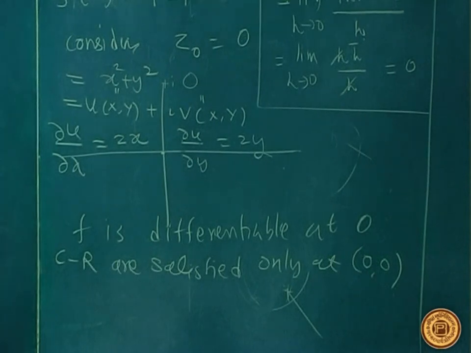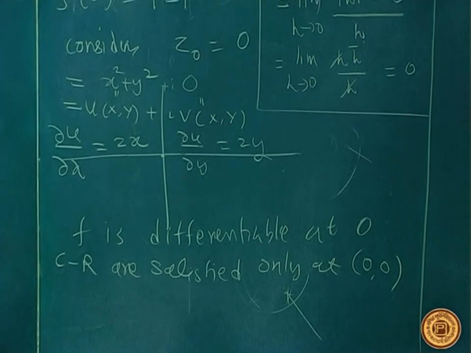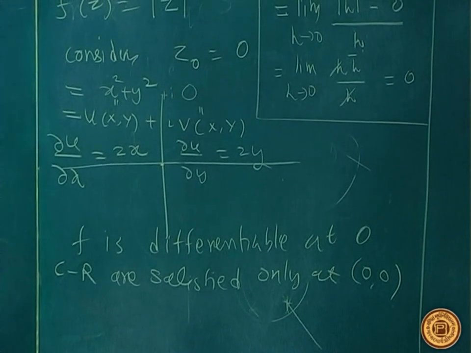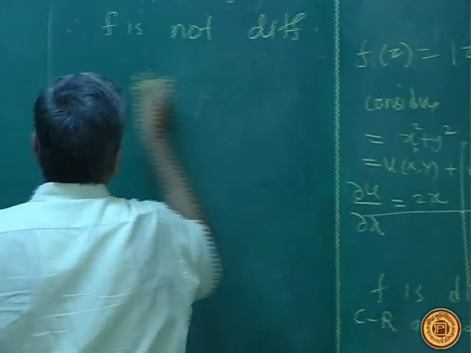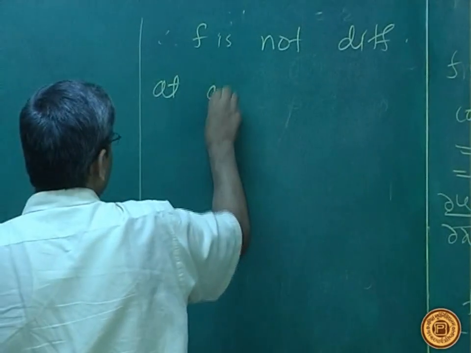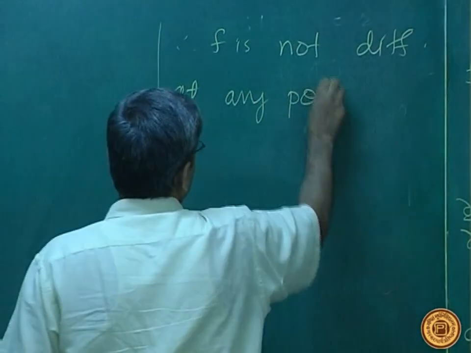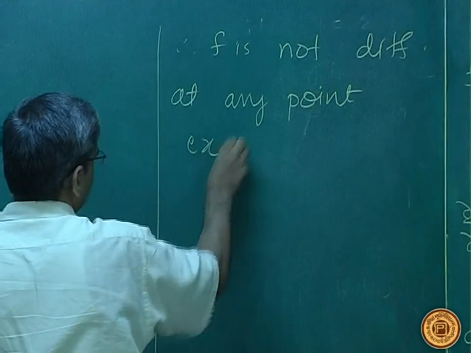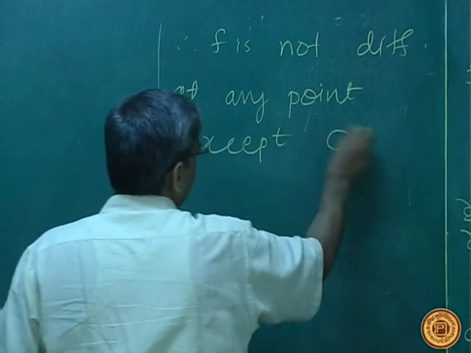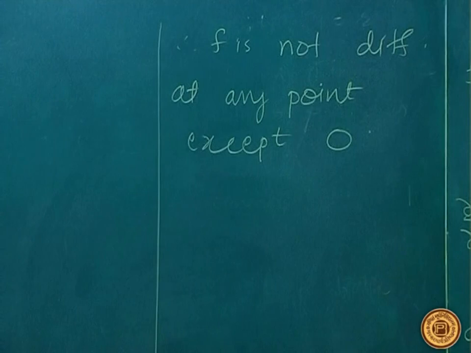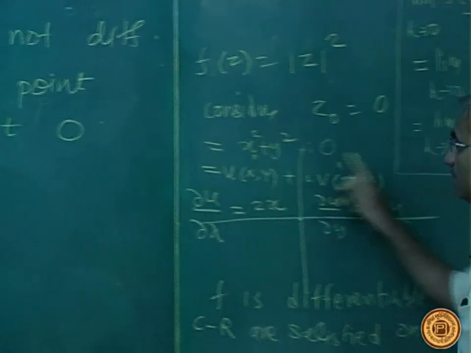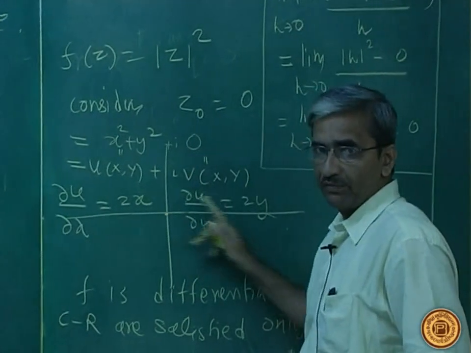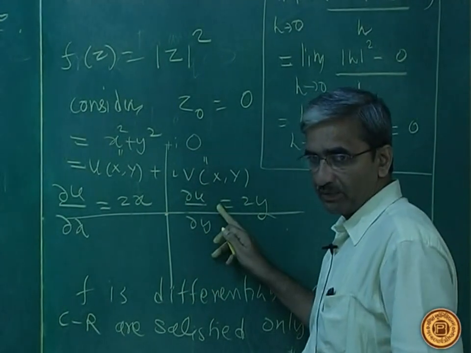So, f is not differentiable at any other point. Therefore, f is not differentiable at any point except 0, because that is our necessary and sufficient condition, that is, the functions u and v, which are x square plus y square and 0, should be differentiable and satisfy Cauchy-Riemann equations.